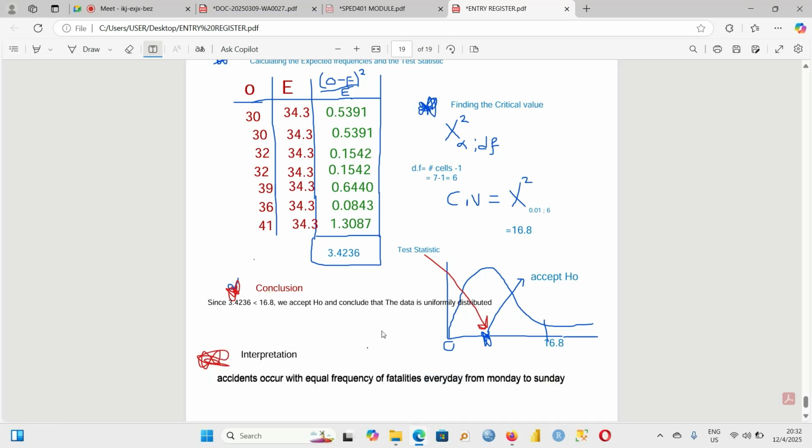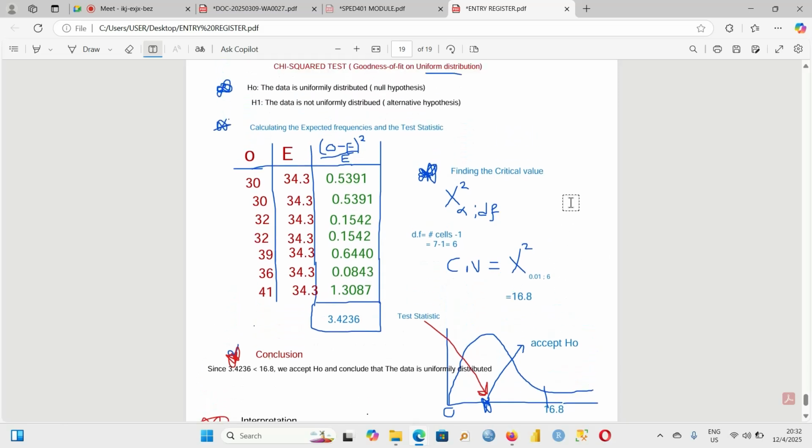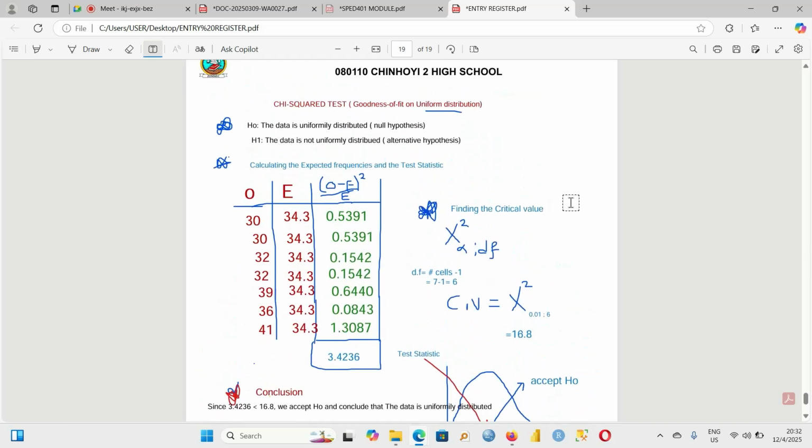Then we are done. This is the interpretation where we say the data is uniformly distributed.